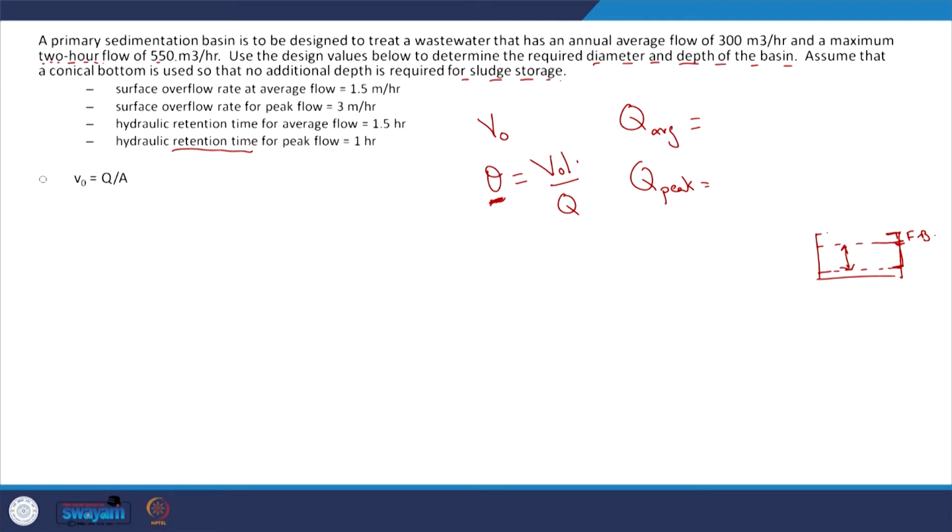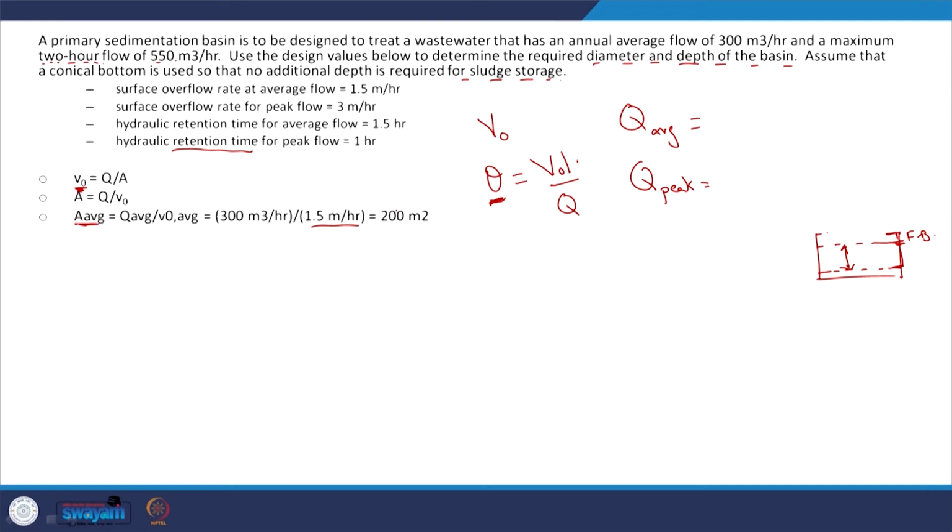Let's go through this. We have our surface overflow rate, but there are two overflow rates given, so we'll have to look at it from both points of view. We'll calculate the case when we look at the average values: 300 meter cube per hour average flow by the relevant overflow rate at the average flow.